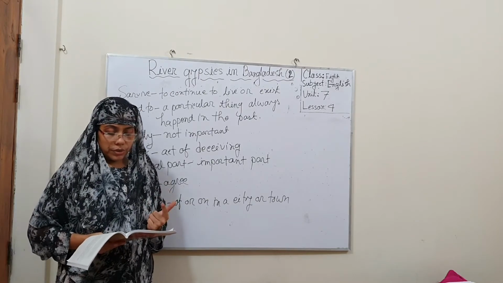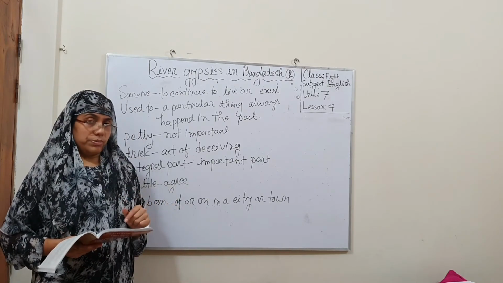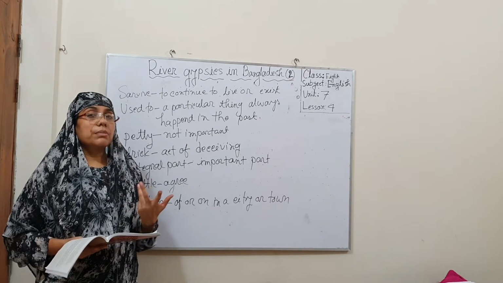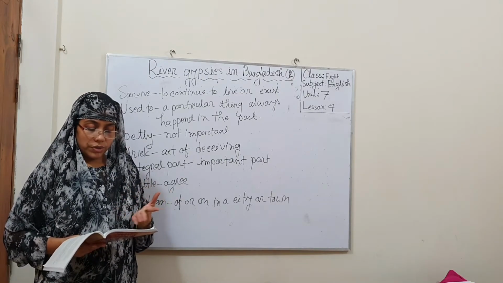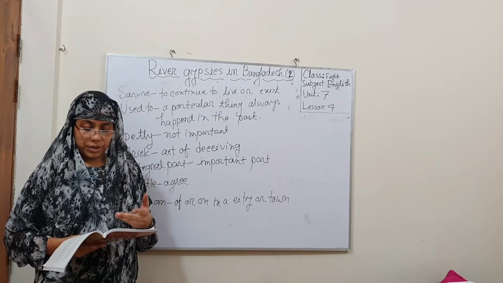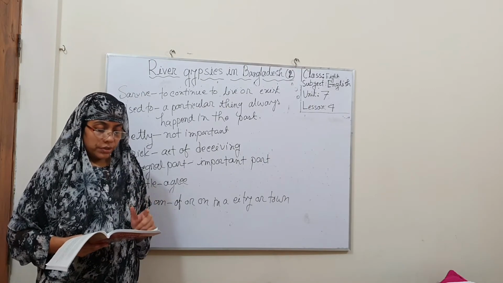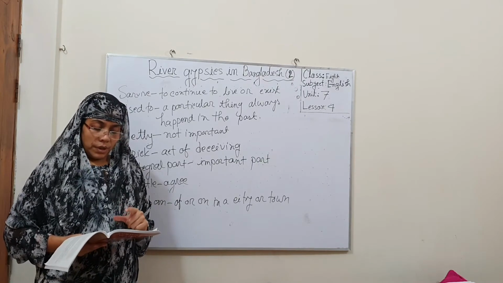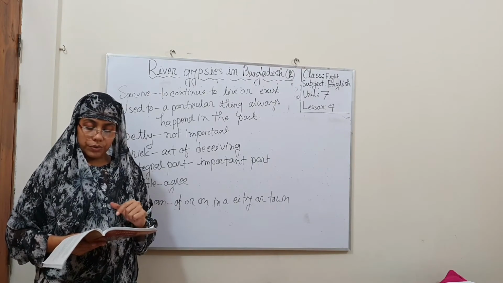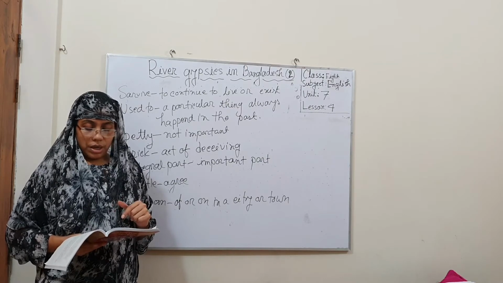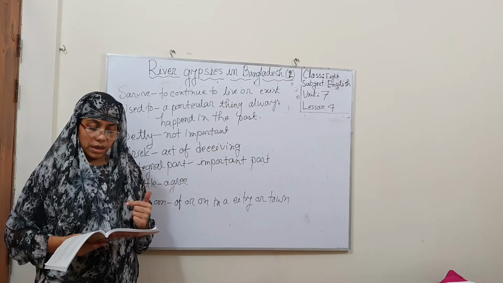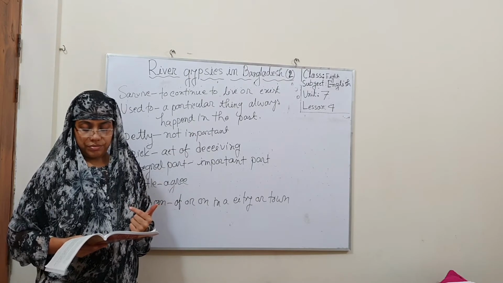River gypsies in Bangladesh are having various problems. Yes, river gypsies are facing various problems. So what are they? We will learn after some time. First, Bangladesh is getting urbanized very rapidly. Gypsy people are losing their customs and jobs to the urban population. Hence, their income is threatened.